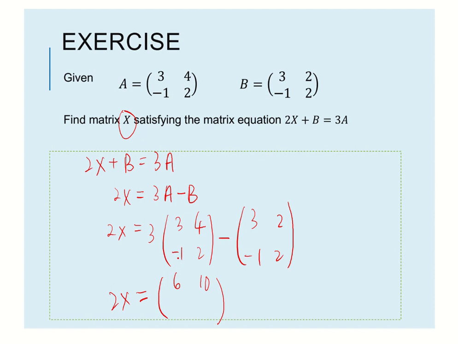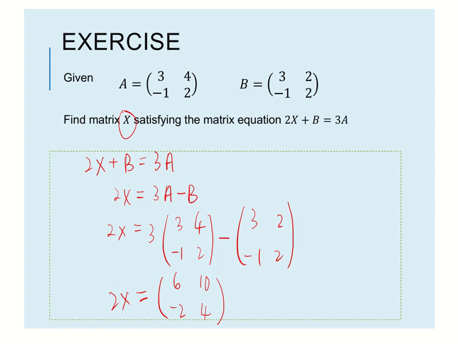Negative 3 plus 1, negative 2, and 6 minus 2, 4. So we have solved the right hand side, and we have this matrix.